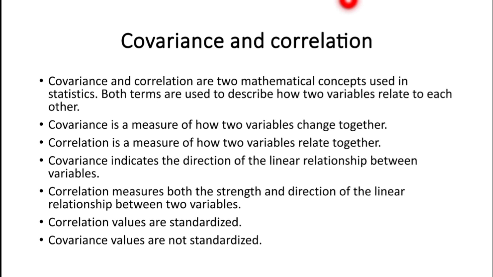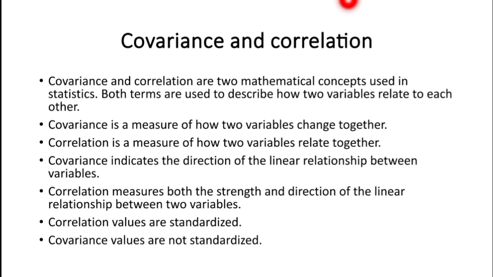Covariance only tells about the direction of the linear relationship, but correlation tells about the strength also, along with the direction of the linear relationship, right? And correlation values are standardized, but covariance values are not standardized. So these are the differences between correlation and covariance.